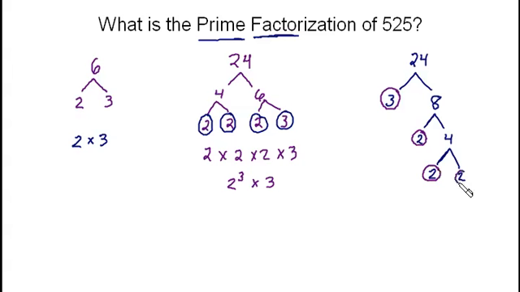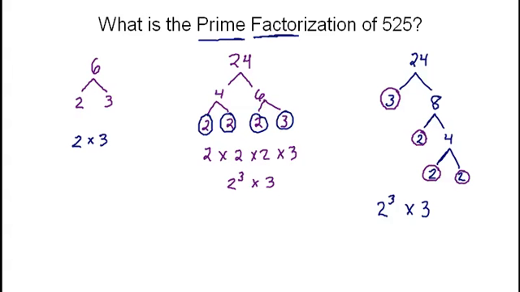And 2 is prime. And now we can write our prime factorization. And again, we have 2 times 2 times 2, so that's 2 to the 3rd power. And we also have the number 3, so we write times 3. And you'll notice that the prime factorization that we ended up with when we chose 3 times 8 is exactly the same as the one we got when we used 4 times 6.